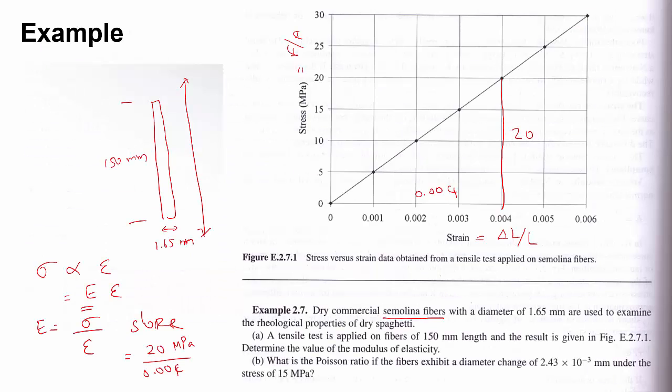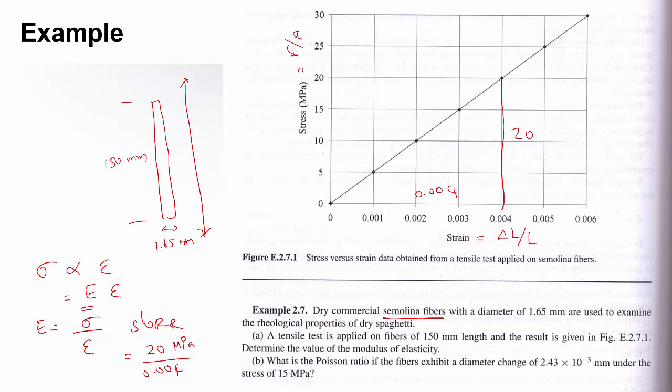Okay, let's go back to the questions. The next question is, what is the Poisson's ratio if the fiber exhibits a diameter change of 2.43 times 10 power minus 3 millimeter under a stress of 15 megapascals?